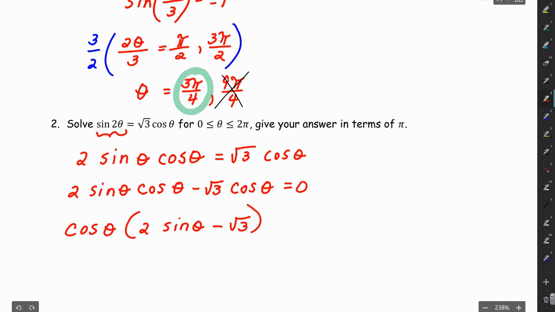And be careful, you can't just divide by cosine of theta. You would eliminate an answer that you should be getting. So be careful about that. Now what we have is 2 parts that could be equal to 0. We have either the cosine of theta equals 0 or 2 sine theta minus √3 equals 0. Solve for sine theta.